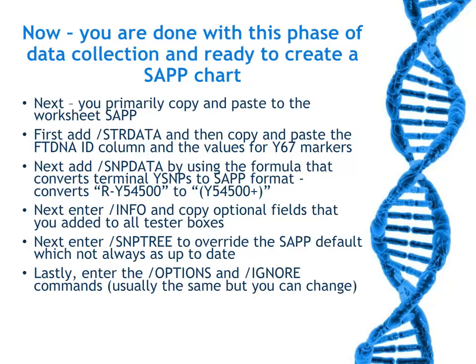SAPP just can't keep up with all the changes, and you may not use the same YSNP branch because those are constantly changing. So it's better to input your own SNP tree. And I just put in father-son pairs, and it works a lot better. And if you ever come back and add more later, it's less work to maintain such a list.